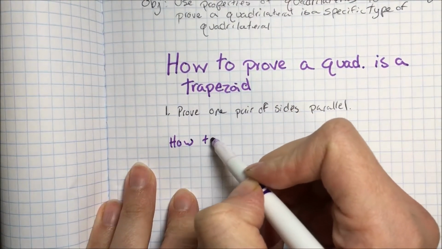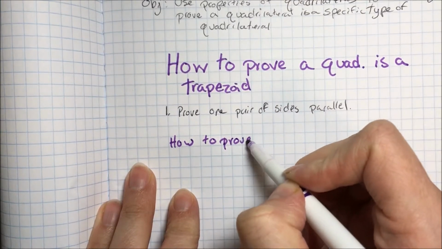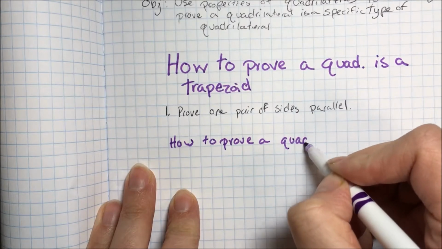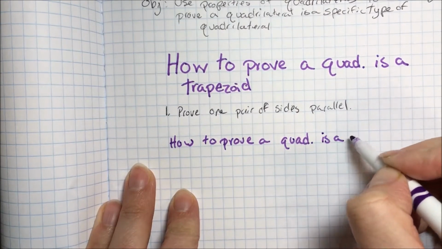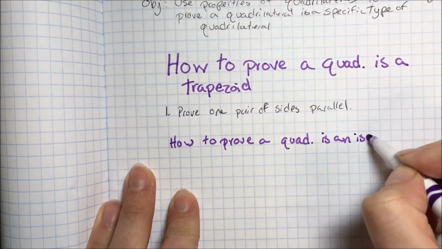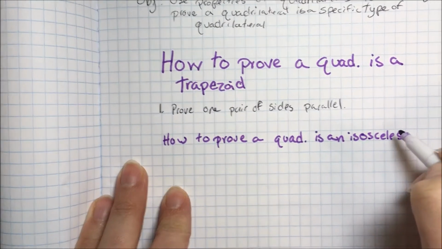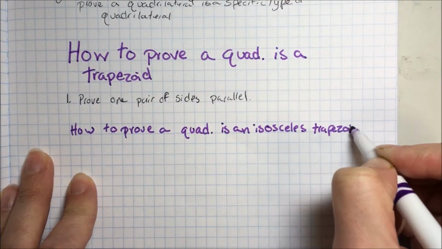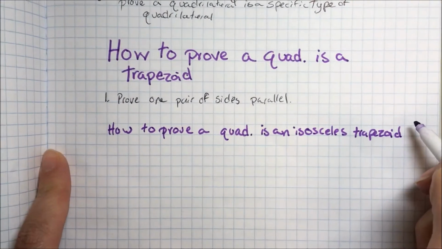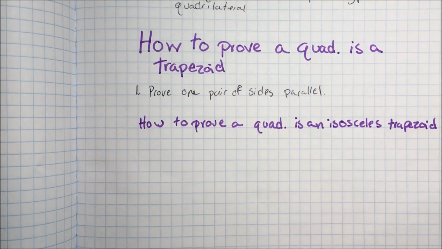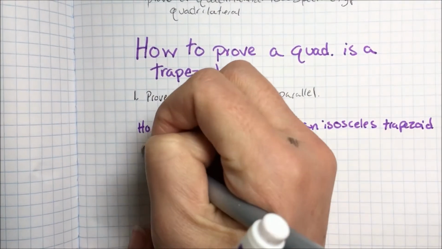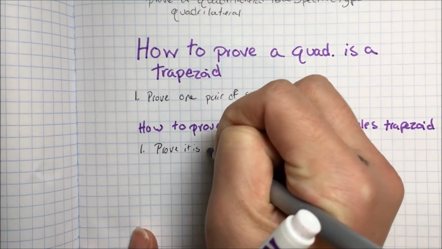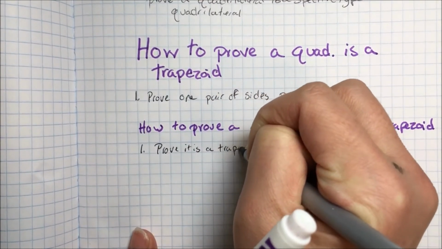How to prove a quadrilateral is an isosceles trapezoid. One, prove it is a trapezoid first.